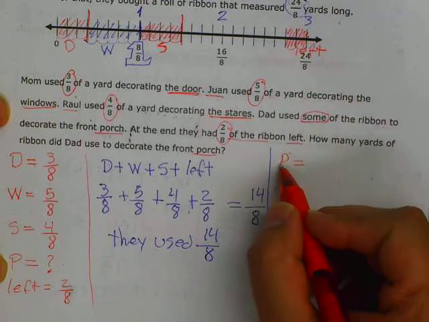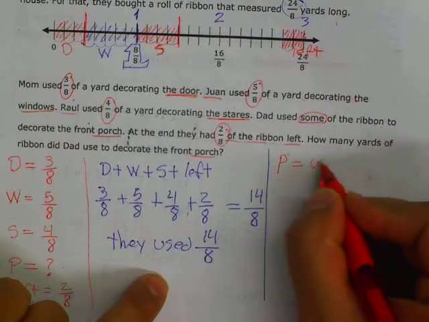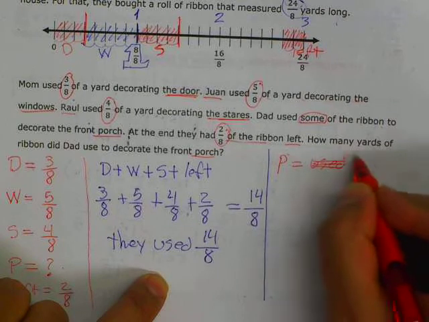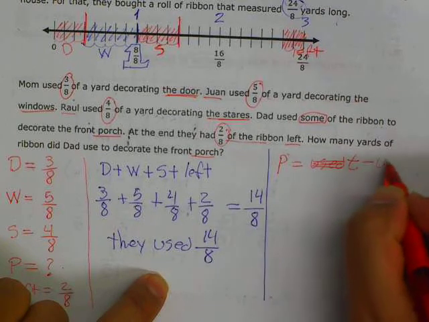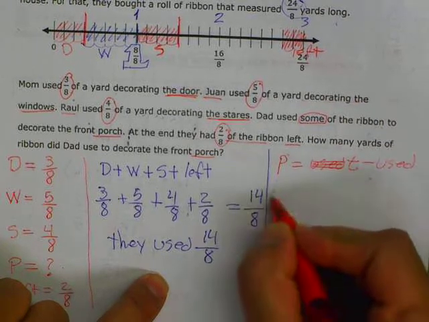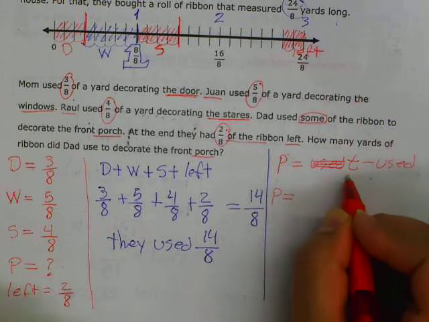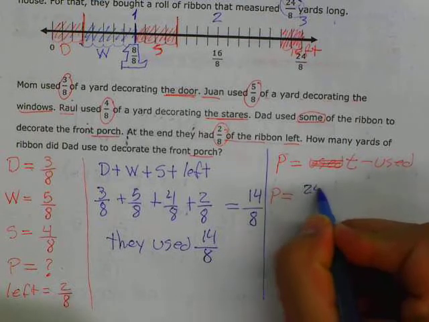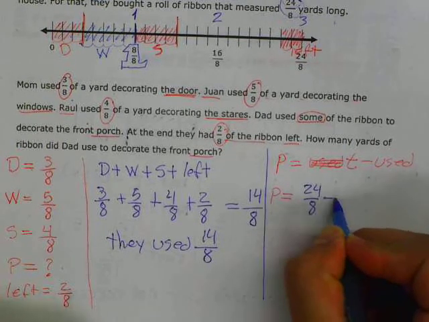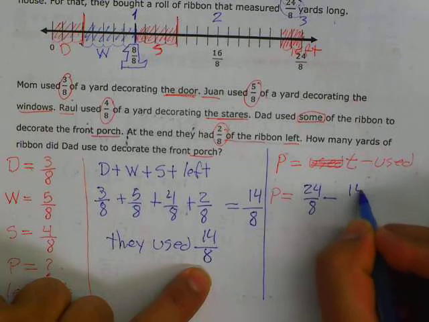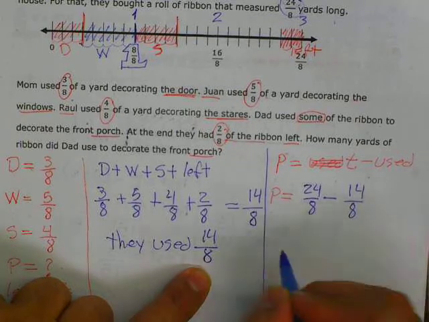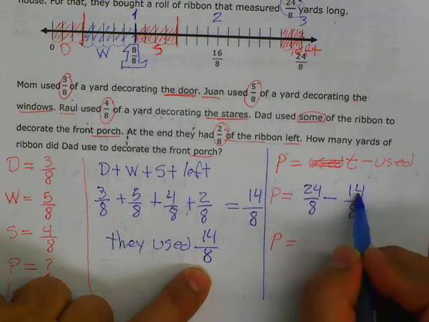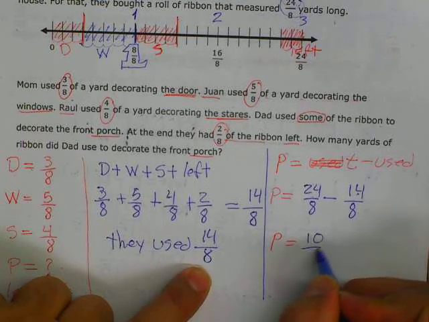So for the porch, I need the total minus what they used. They bought 24 eighths minus what they used. I know they had 14 eighths. So the porch is 24 minus 14, 10 eighths.